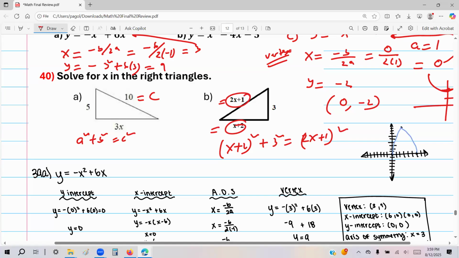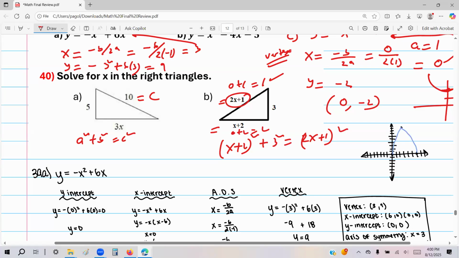Even if you have a zero, it can still make sense. When x is zero, this is 0 plus 1, 1, which makes sense. This is 0 plus 2, 2. That doesn't make sense because 1 has to be bigger than 2.